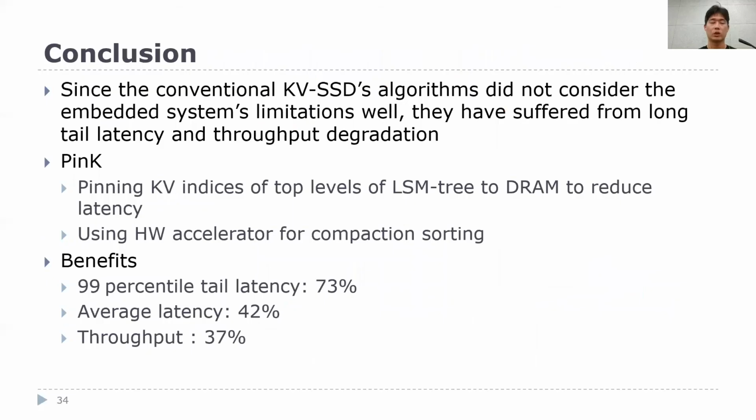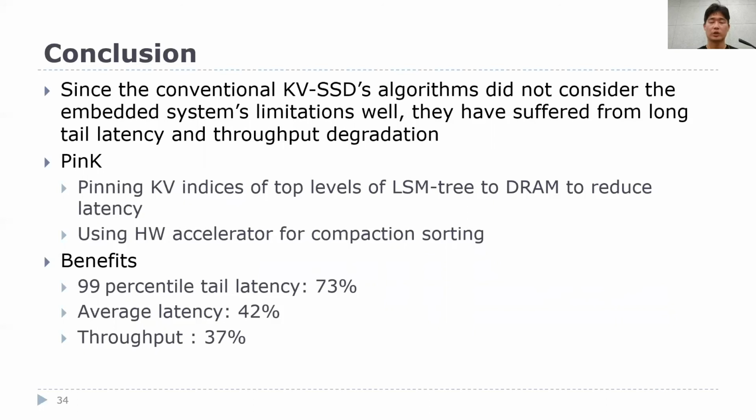In conclusion, conventional KV-SSD algorithms have performance degradation since they did not consider the limitations of embedded systems. The PinK we presented is a new LSM-tree-based KV-SSD which resolves these problems. To reduce long-tail latency, PinK uses level pinning, which pins KV indices of the top levels of the LSM-tree in DRAM.